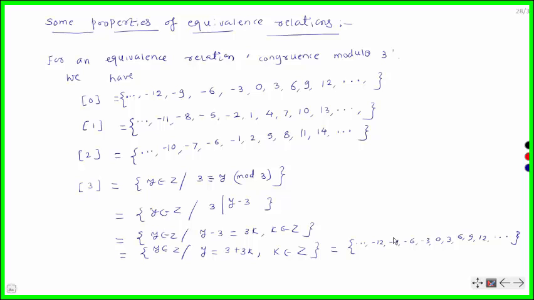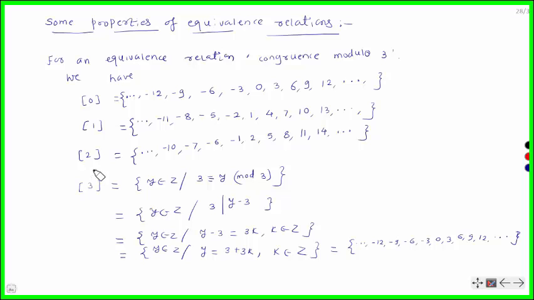Hello dear students, in this lecture we will see one more important property of equivalence relation, especially important properties of equivalence classes. See here we have considered an example of equivalence relation, congruence modulo 3, and we have obtained the equivalence classes of 0, 1, the equivalence class containing 2 and the equivalence class containing 3.